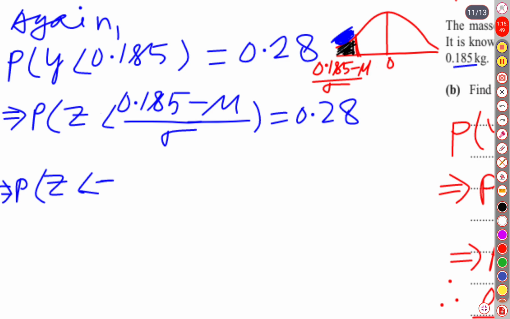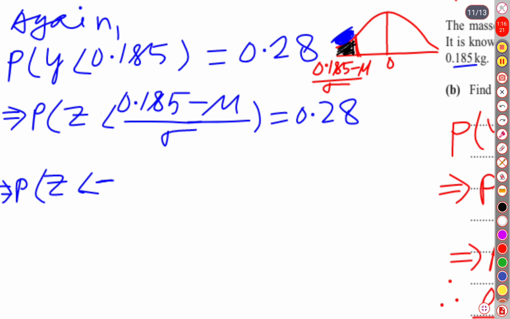So for the negative z score, now we are going to find the corresponding z score when the probability is 0.28. Instead of 0.28, we will find 0.72, right? Always we will look for the greater probability. Remember, if we find a z score, always we will find the greater probability. The z score for probability 0.72 and the z score for 0.28 are exactly the same. Just the position is positive or negative, left side or right side.